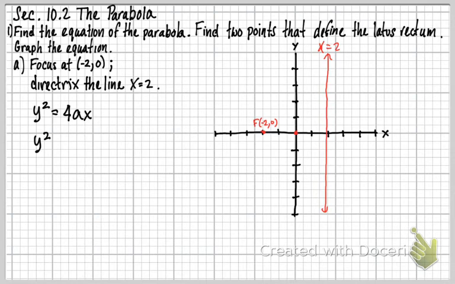So we have y squared. And we know this is going to be negative because it's opening to the left, which is the negative x-axis. And then our 4. And then we have our a, which is 2. Now it's always going to be a positive distance because we're just going from one point to another. And then we have our x here.